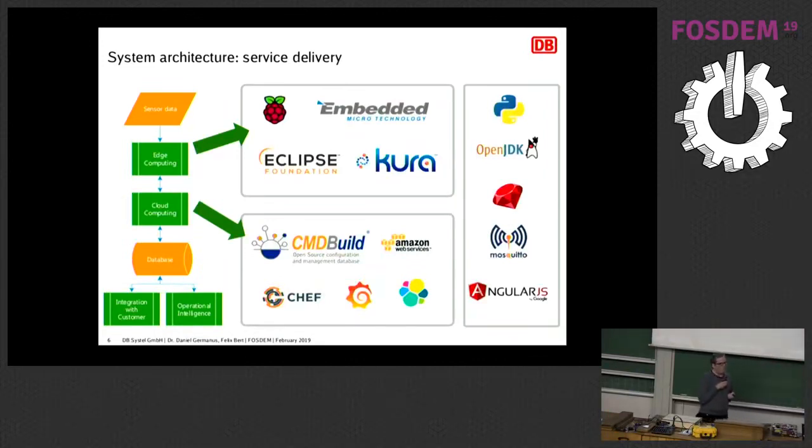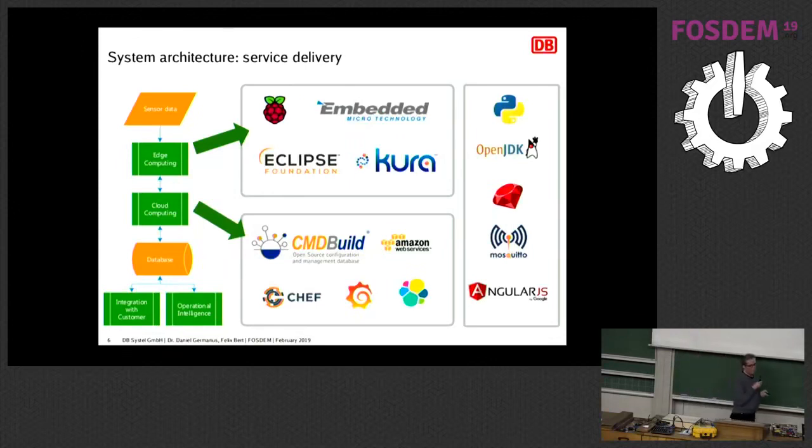We are using the Eclipse Foundation software stack, which is also used in IoT scenarios, Kura, for example, and we use these to sample the audio emissions from the machinery, compress it, and transfer it back to the cloud backend, where we are using plenty of Linux, using Amazon Web Services in that case.